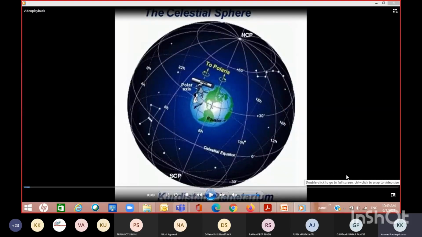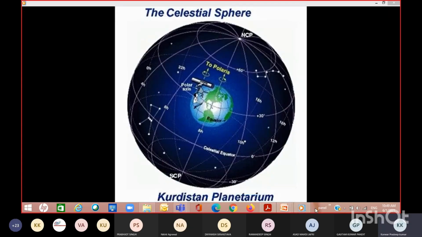Now let me first explain this one to you. The celestial sphere. You can see the Earth is in the center. And this is an imaginary globe with infinite radius extending out in space. This one is showing tilted.